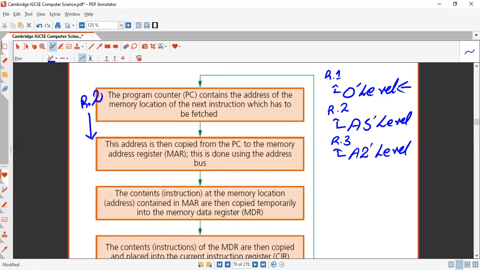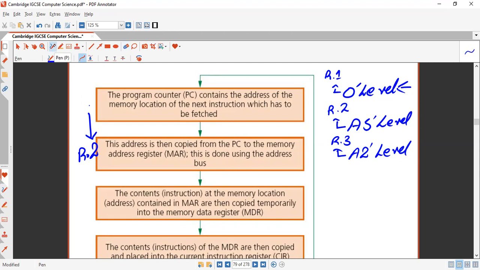This address is copied from the program counter to the memory address register. This is done using the address bus. So the room number 2 address has arrived in the MAR. Now right now the program counter is empty. Is that so? Great.